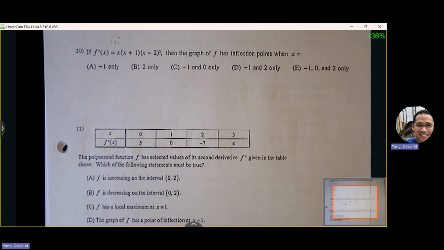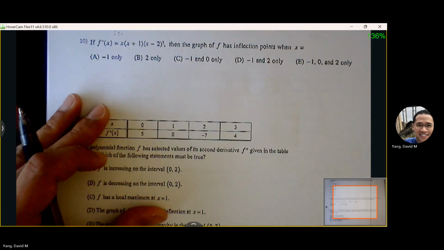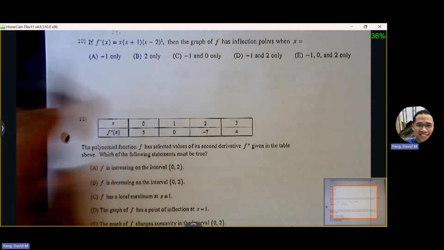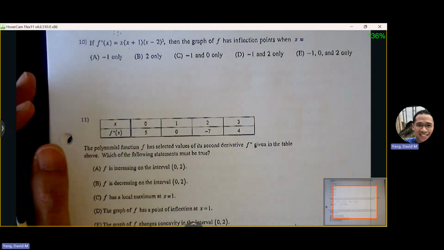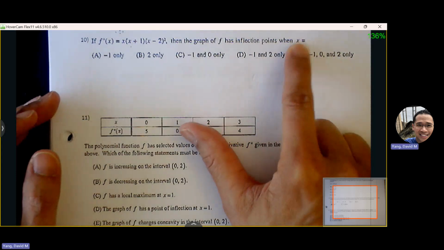Let's look at number 10. Number 10 gives us f double prime, and it's asking for a point of inflection. So f double prime is equal to x times x plus 1 times x minus 1 squared. Then point of inflection is when x equals.